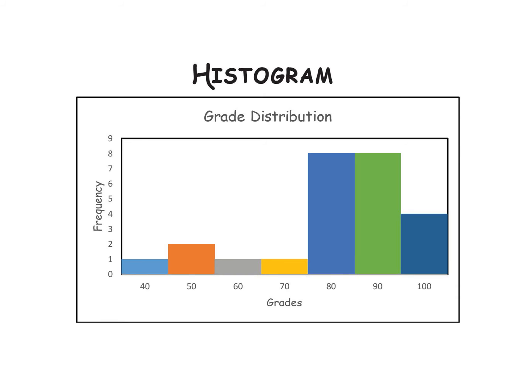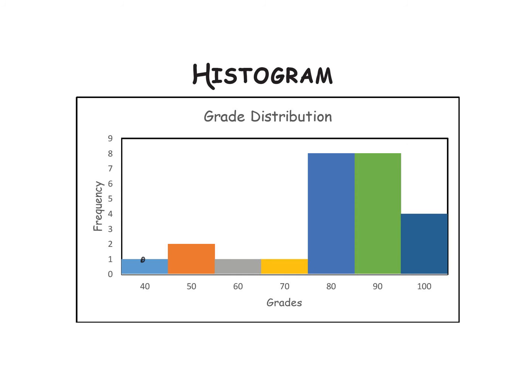Here are the graphs that we need to know. A histogram. This is your basic kind of bar graph for quantitative numbers. This is probably one of the more common graphs.